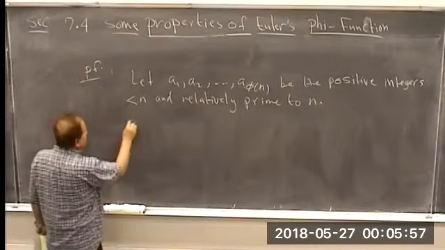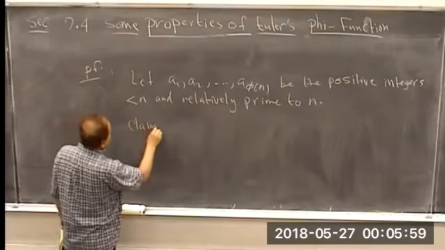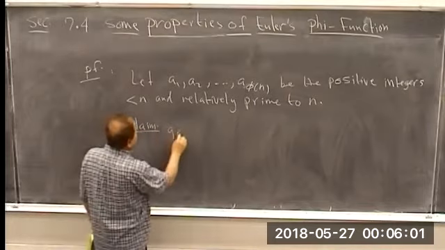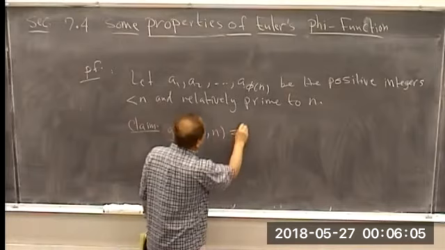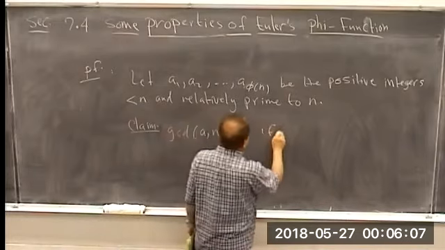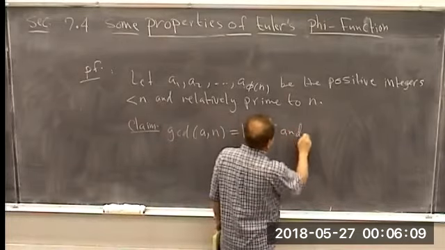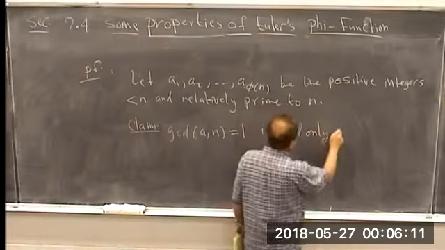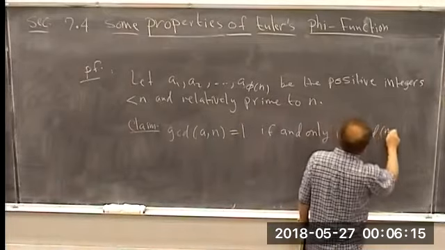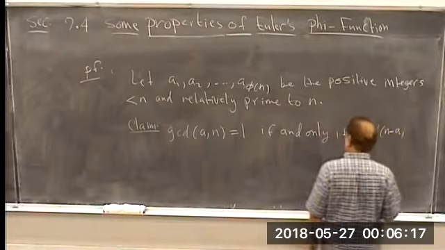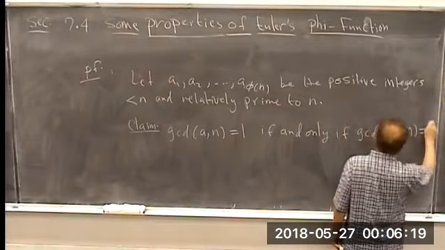I have a claim here that the greatest common divisor of A and n is 1 if and only if the greatest common divisor of n minus A and n is equal to 1.